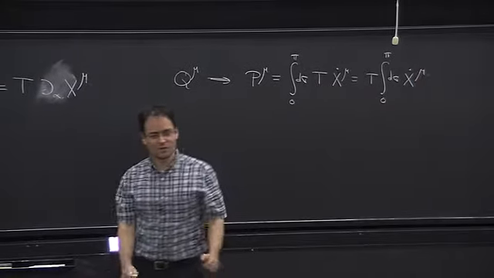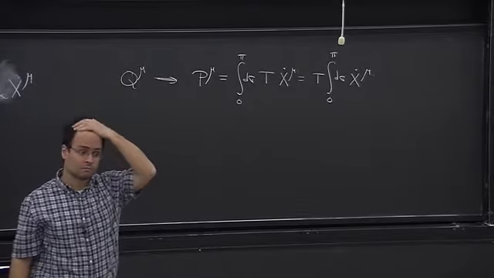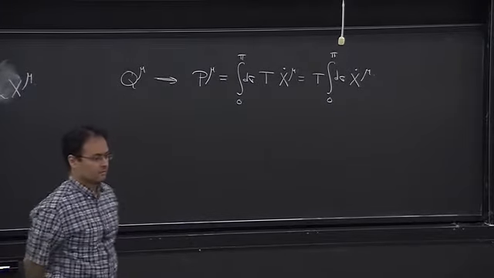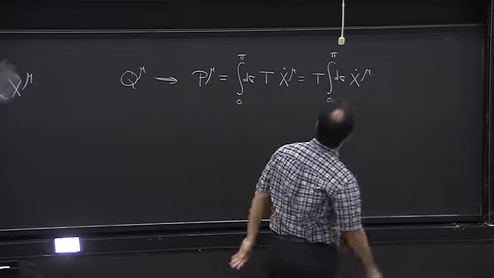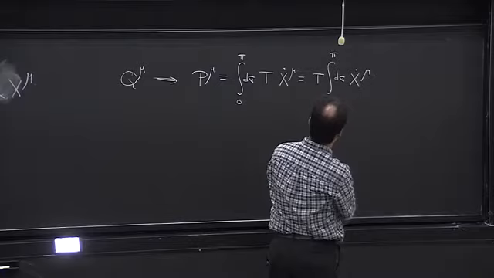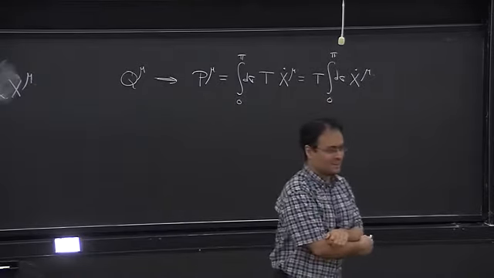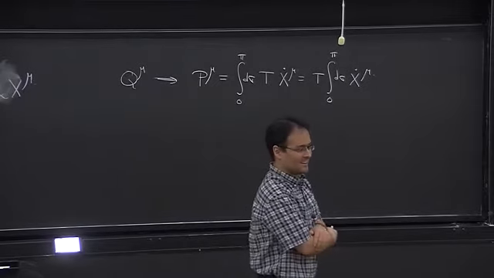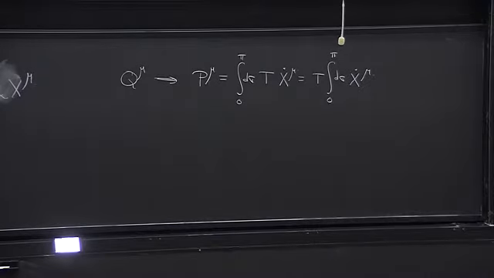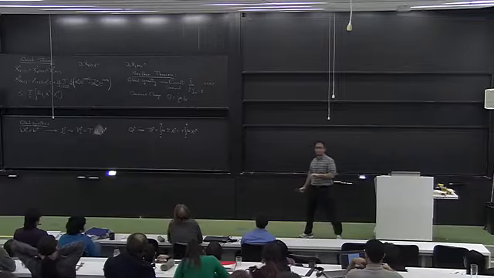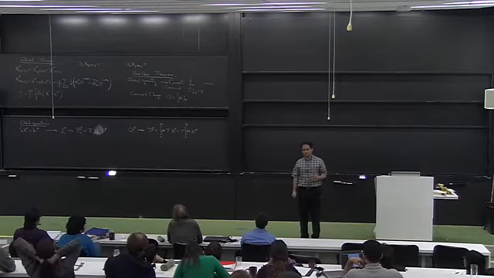Now here comes the question. Is this conserved? Why is it conserved? No, remember, that's something very important that you should keep in mind. Not every time you have a conserved current, you will have a conserved charge.